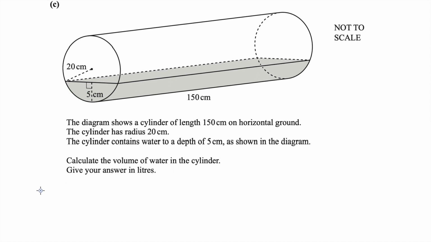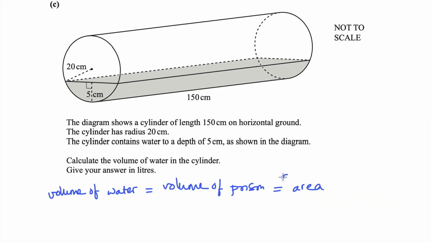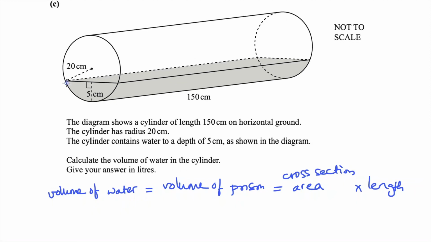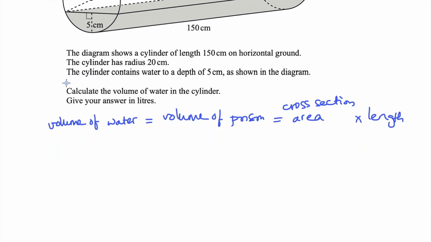So it is a prism. So the volume of water is given by the volume of the prism, and so this is cross section area into length. So first we need to calculate this cross section area. Okay, so let us draw the figure here.